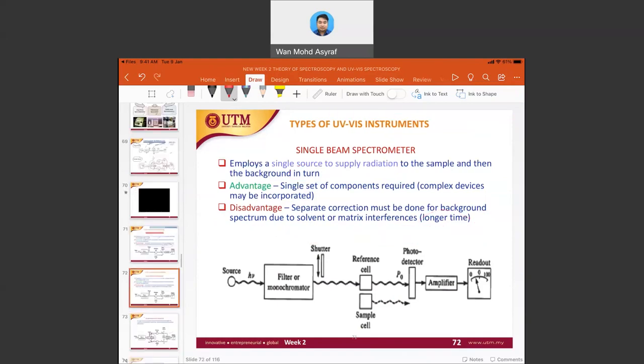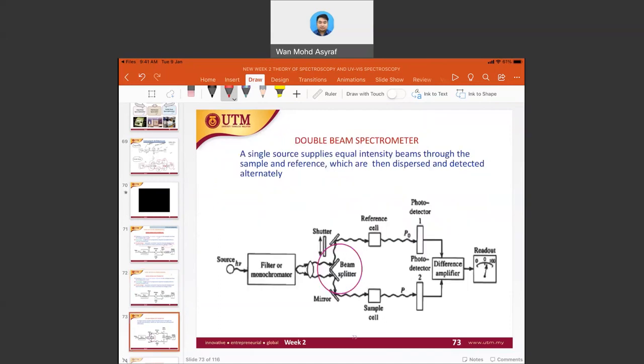So this is the same one. Okay, so for a double beam, as what I have mentioned before, it comes from a single source with equal intensity beams through the sample and the reference cell, which are then dispersed and detected alternately. So basically, this beam splitter is important in terms of having it measured simultaneously.